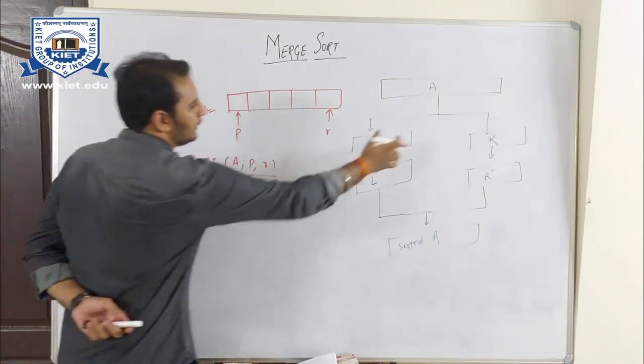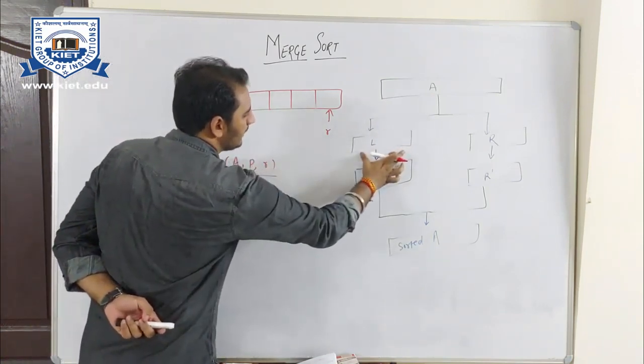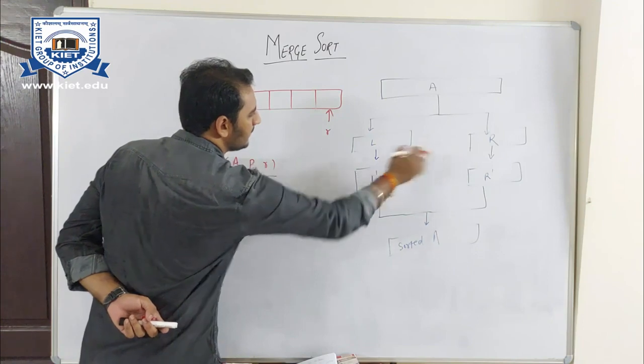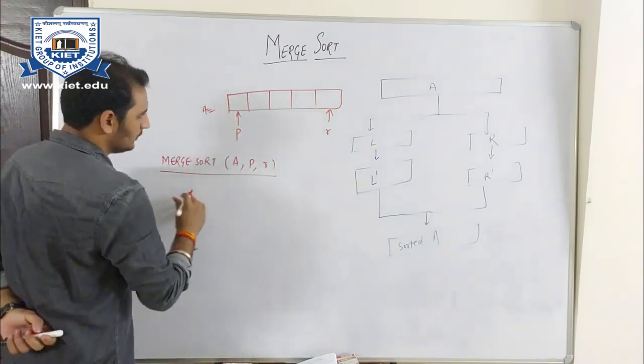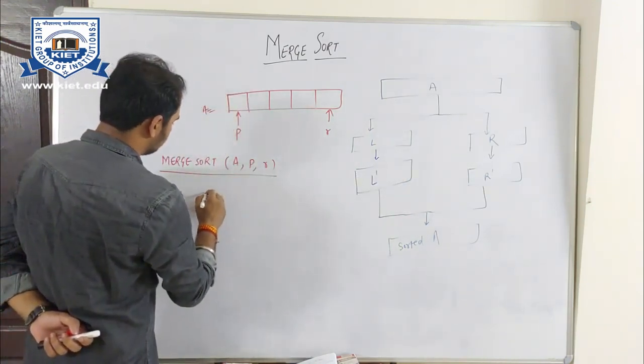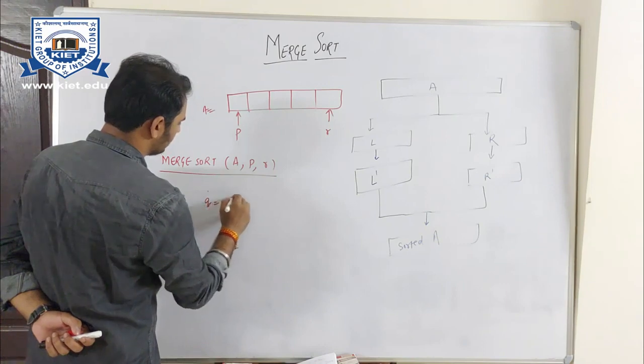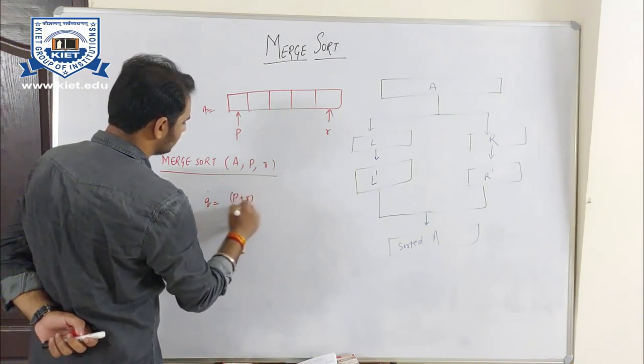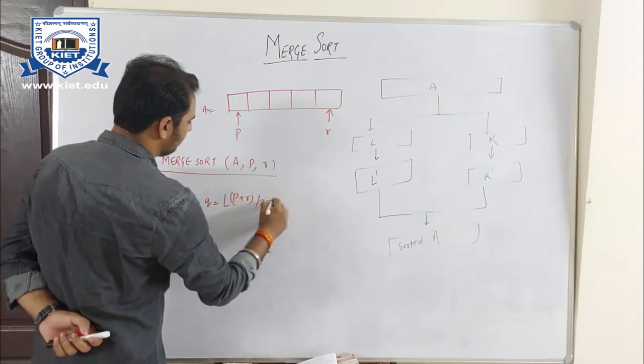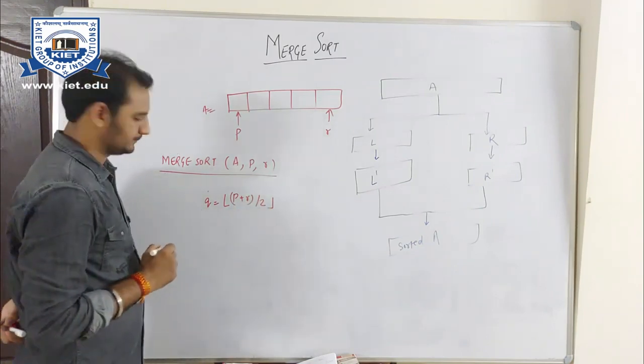We'll calculate a midpoint from which the left part of the array and right part of the array will be divided. Let us denote it by Q. So Q will be equal to floor of (P plus R) by 2.